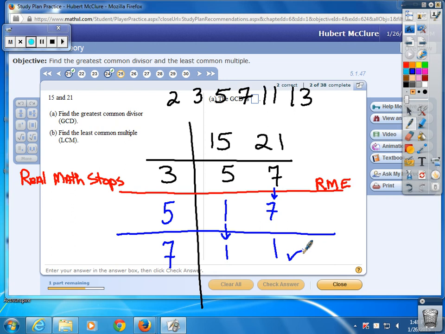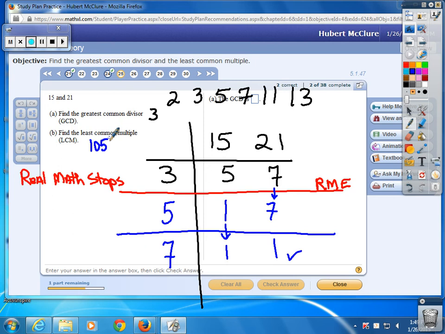Now, what do we have? Well, in the black, the greatest common divisor is 3. And what's our least common multiple? Well, multiply all of these together. That's 35. 35 times 3 is what? 105. I'm sorry, somebody needs to calculate and do it faster.